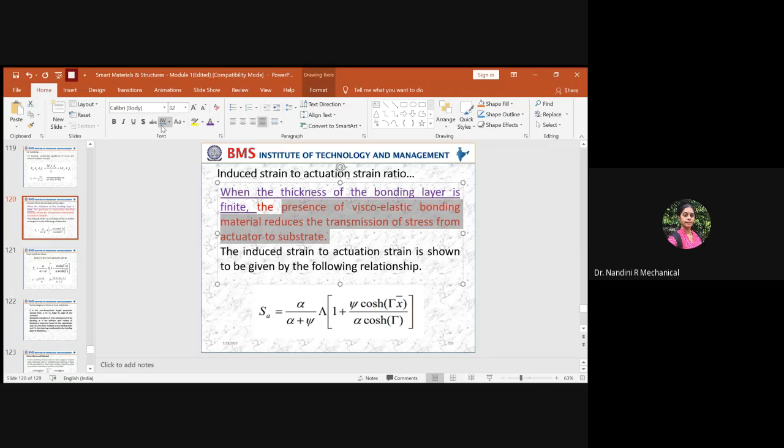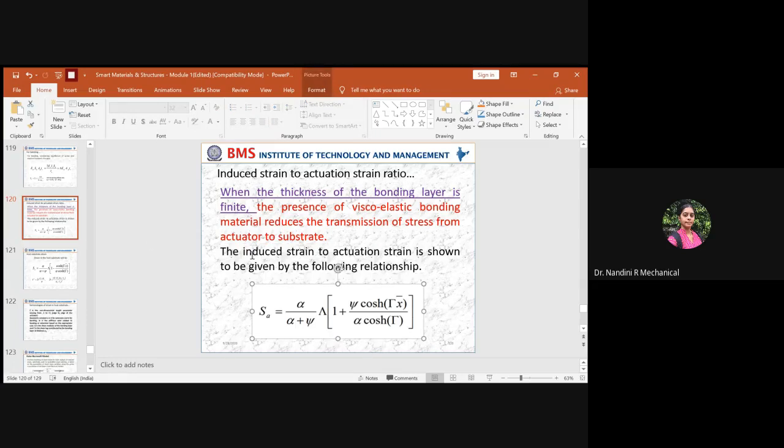That happens if you use a bonding layer. If you don't use a bonding layer, the strain across the substrate will also be more. In this condition, the induced strain to actuation strain ratio is shown by this equation.